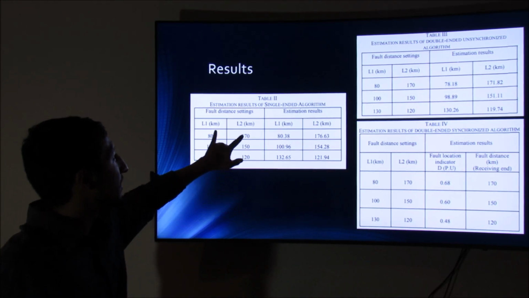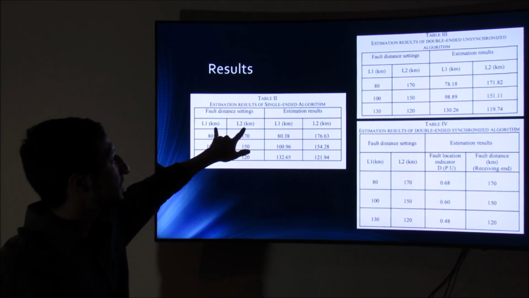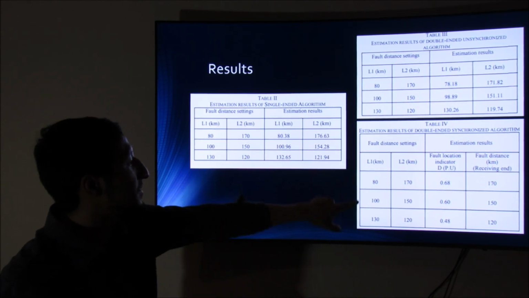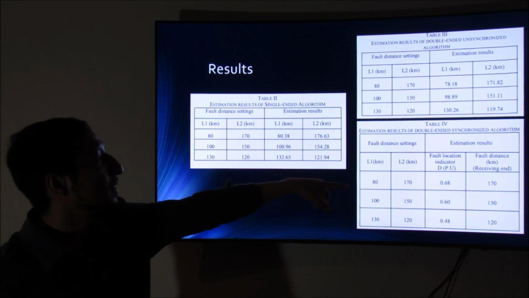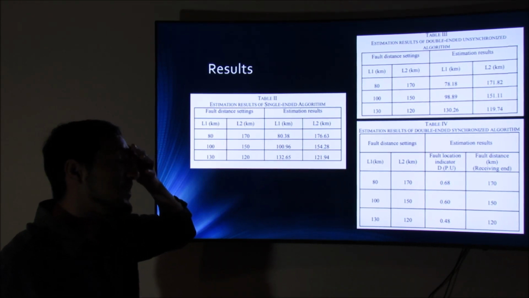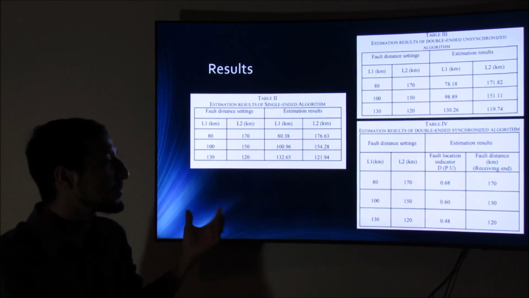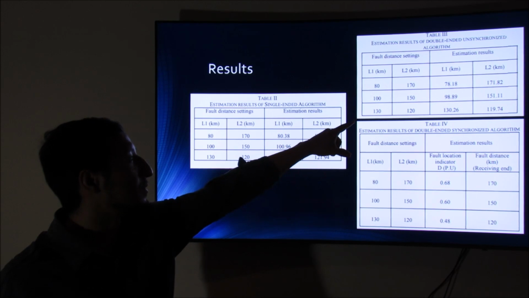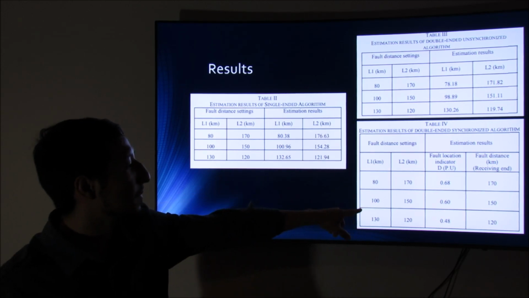You can see that these are the fault distances. You have your estimation results, and as you can see, they vary a lot. Here the double-ended synchronized algorithm, which they did mention was the most accurate one. You can see the differences in the results of the distances.